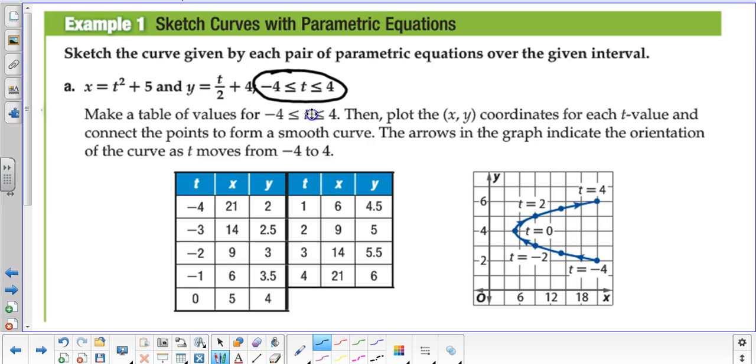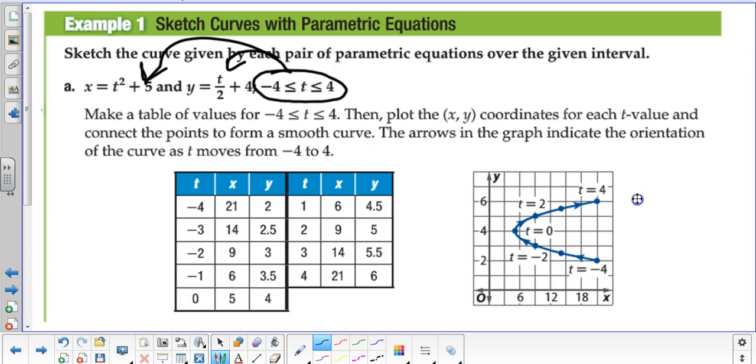I could put in 0.5. To come up with an estimate, we're just going to put in the whole numbers, or integers, positive and negative, from -4 to 4. Then we're going to put those t values into this rule and come up with x's and y's, and then we're going to plot the x's and y's. The interesting thing is, you will notice here, does this come out a function?